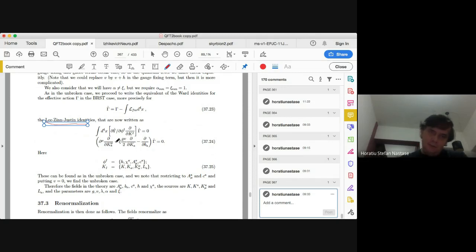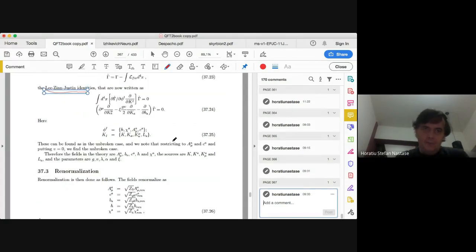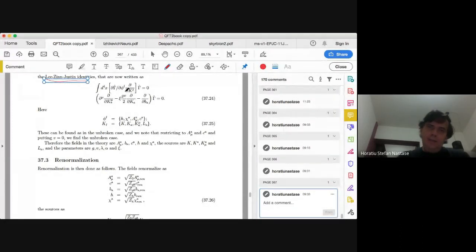So correspondingly, I have here minus psi g v over 2 del with respect to k a as well, all of this acting on gamma hat. So this is the second Lagrangian identity. And then, of course, this extra term is linear in V, so when I put V equal to 0, I go back to the unbroken case.